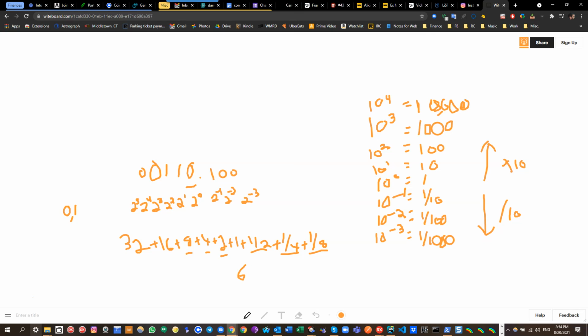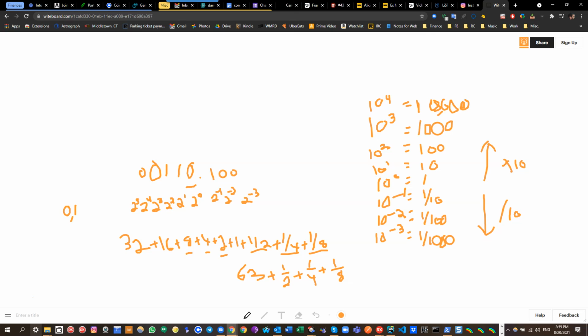Alright, this is going to be hard for me, because we have to combine fractions now. Plus 1/2, plus 1/4. In order for us to combine fractions, they need to have a common denominator. Then we can add their numerators.